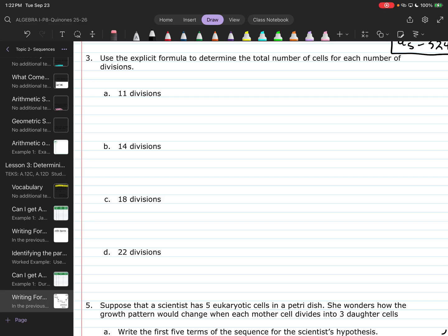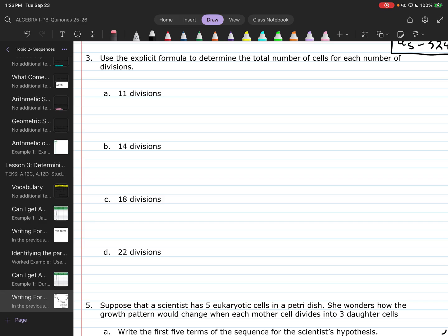Right, what is the common ratio for that sequence?